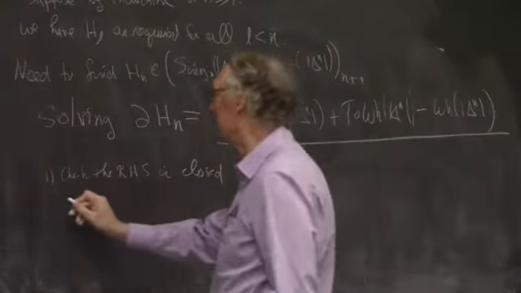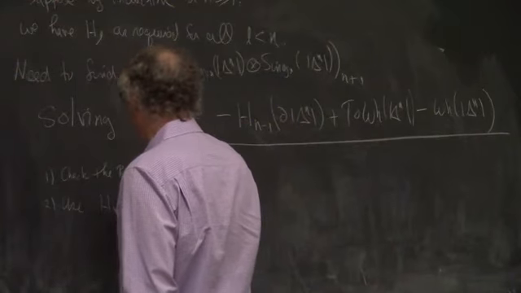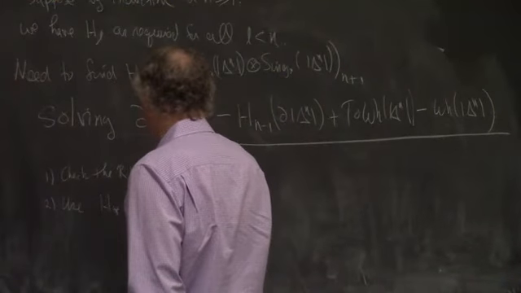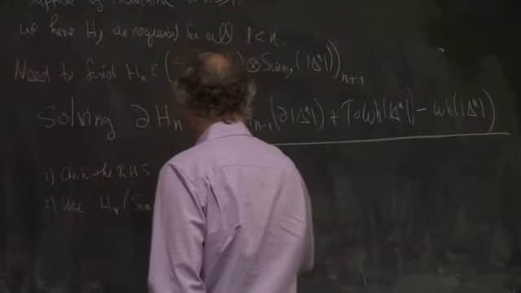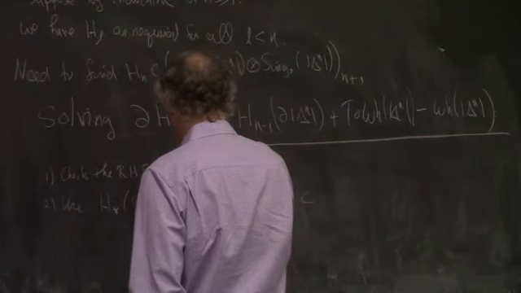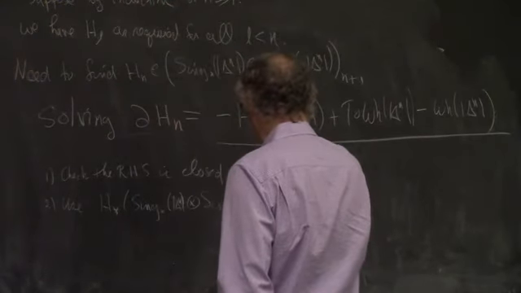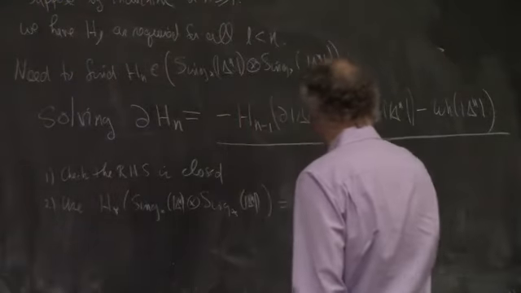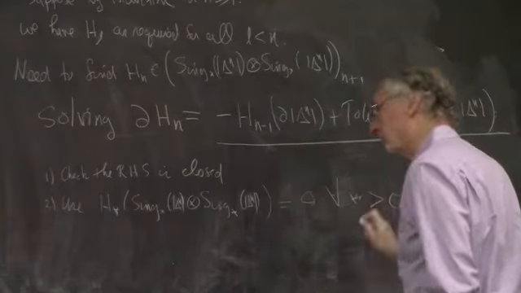And step 2, use the cohomology of the singular complex of X cross X, with X equal to delta n, is 0 for all star greater than 0.